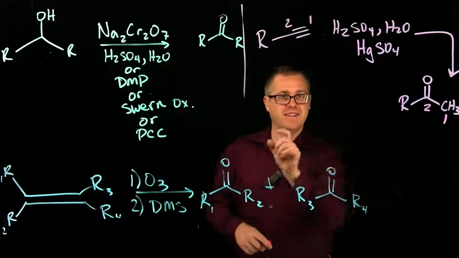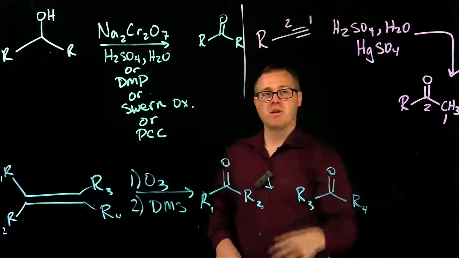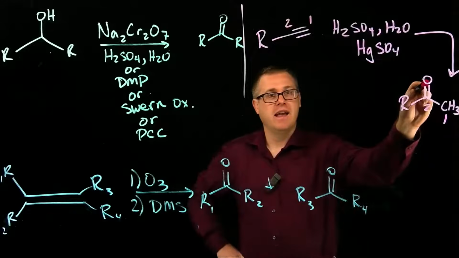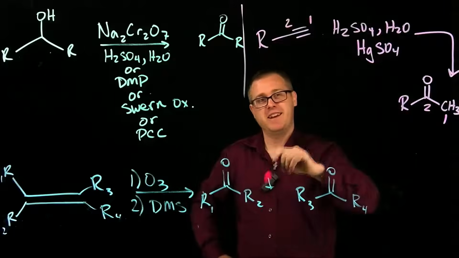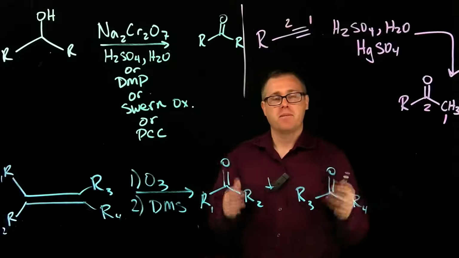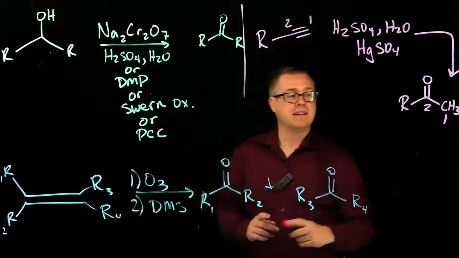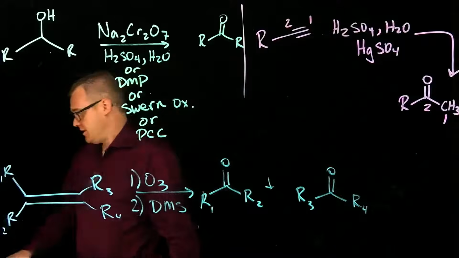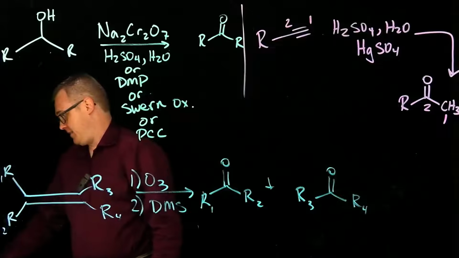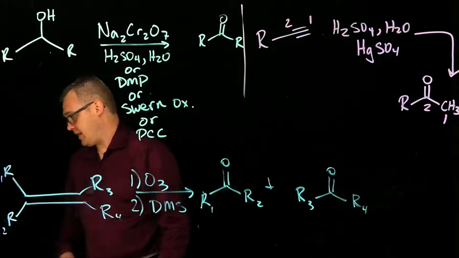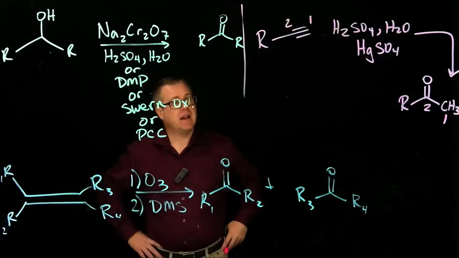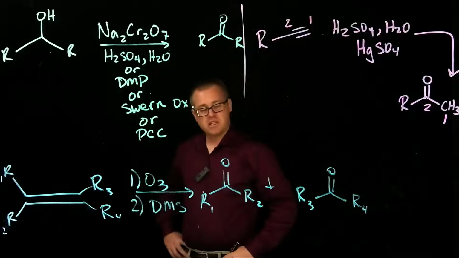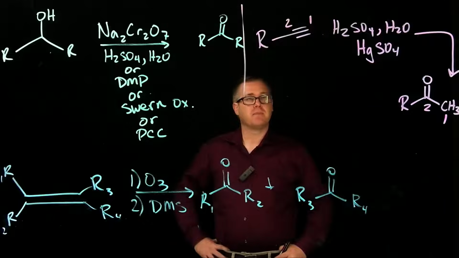You can select which carbon, 1 or carbon 2, to put that carbonyl on, and that determines if it's a ketone or an aldehyde. But this little section right here is looking at ketone formation. So there's that reaction, which is also going to be in chapter 9, or you would just look up acid catalyzed hydration of terminal alkynes.